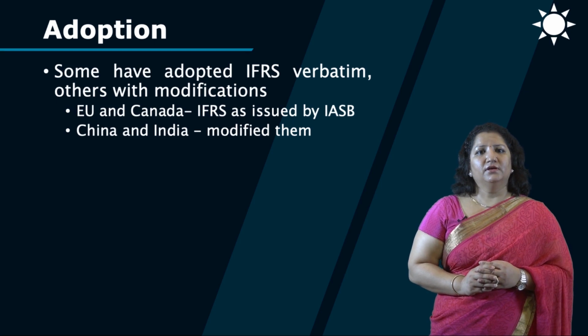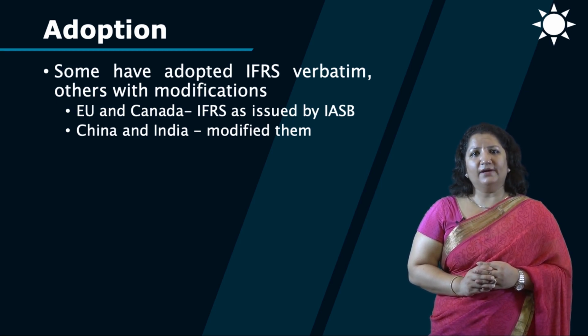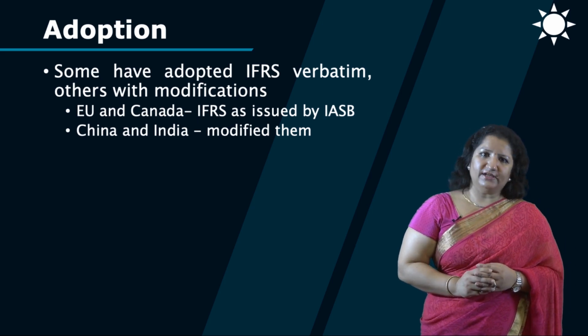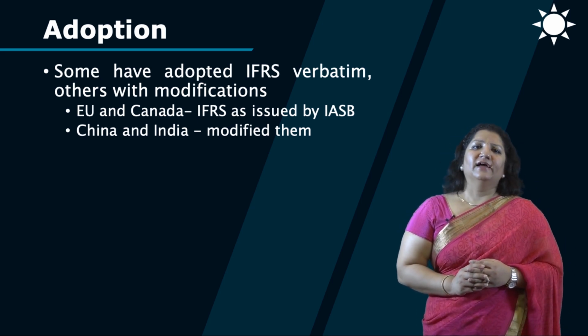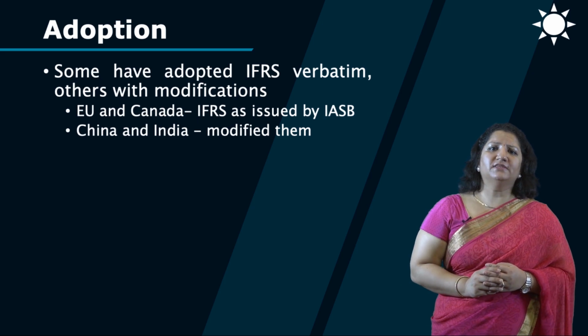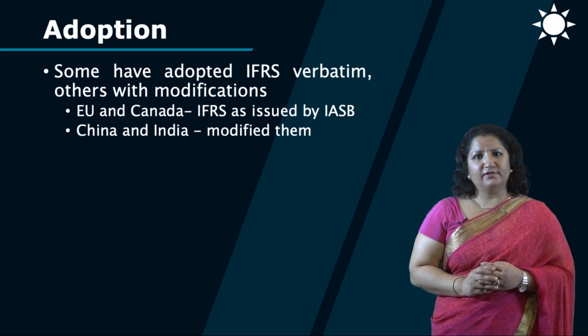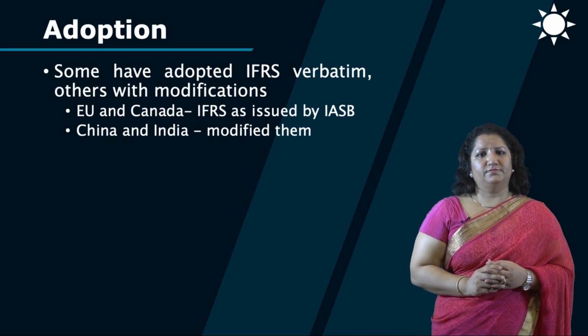For example, EU and Canada have adopted IFRS as issued by IASB. Emerging countries like China and India have modified them to meet their domestic conditions such as economic policies, financial regulation, and taxation norms.